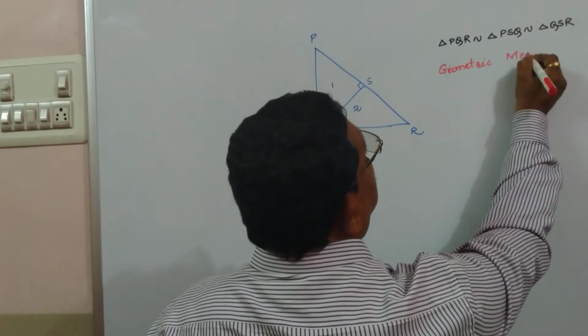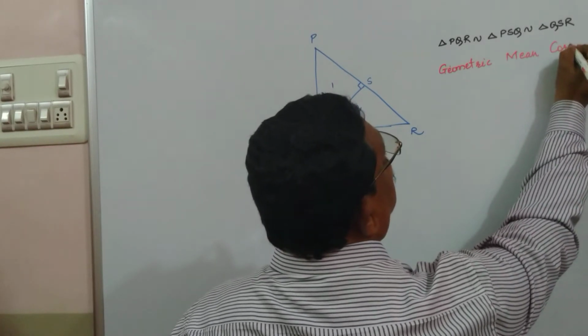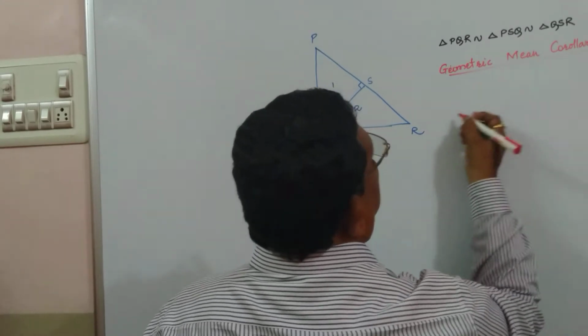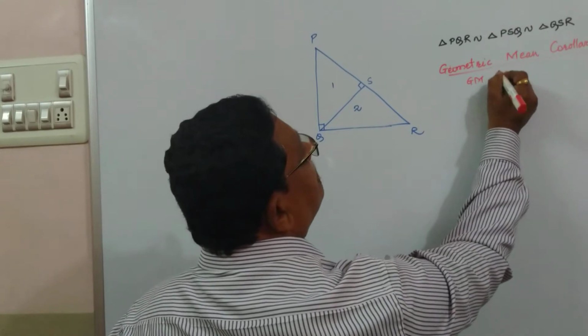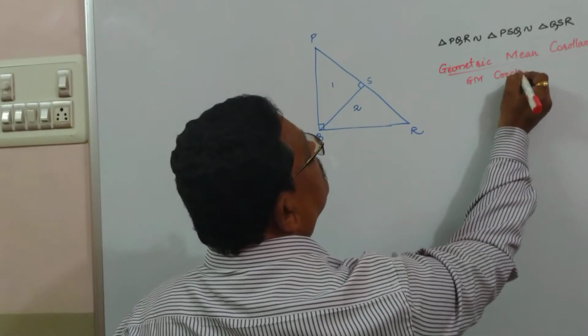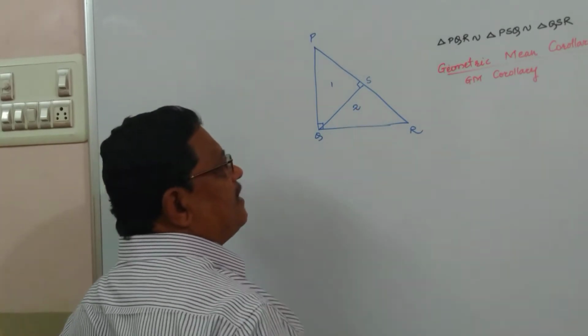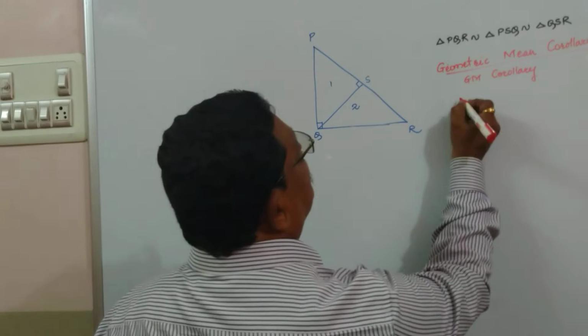Geometric mean corollary, if I write it as GM corollary, it states that in triangle PQR, angle Q is 90 degrees, QS is again perpendicular.